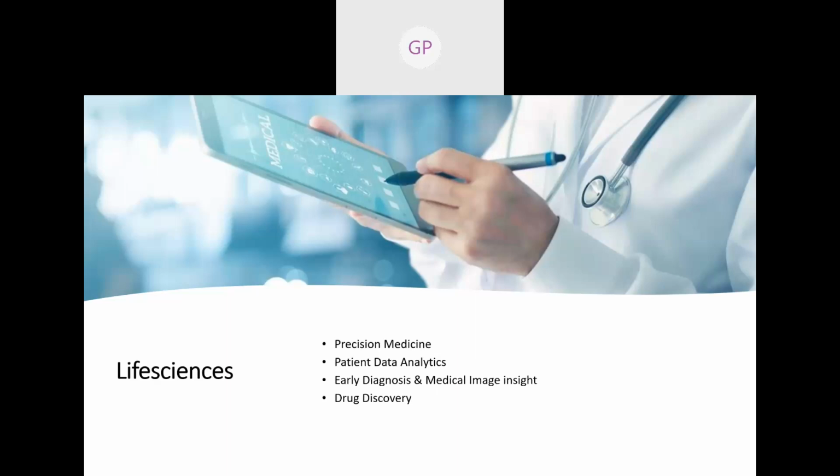As part of today's scenario, we know that we are going through a pandemic, and there is definitely a need for an early diagnosis in COVID. We, as part of Altron, have done something around it, and I'll showcase that to you as well.